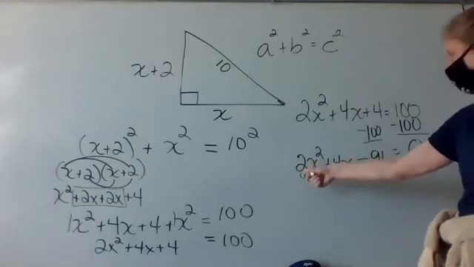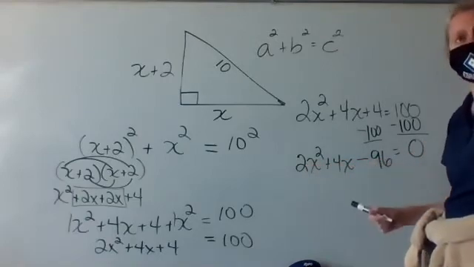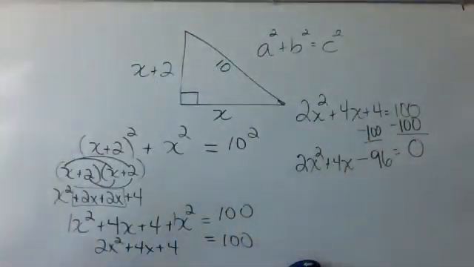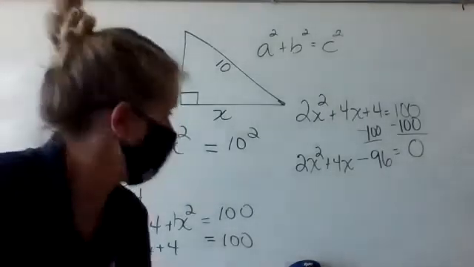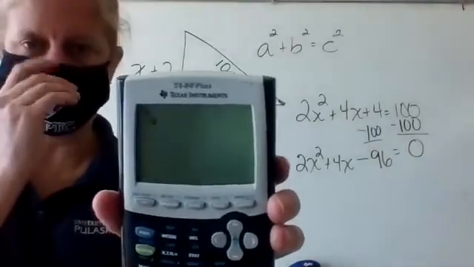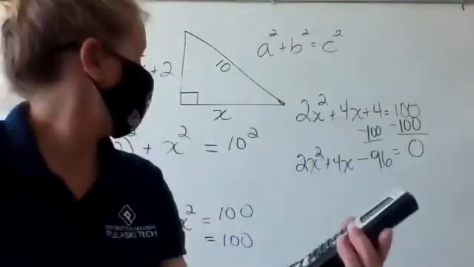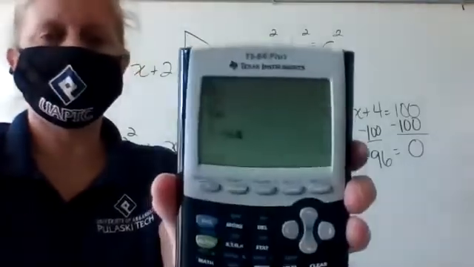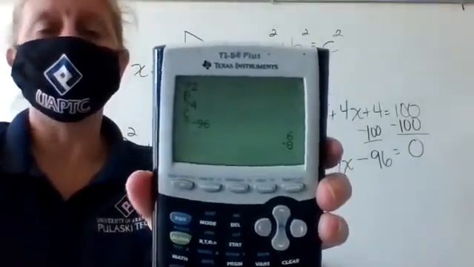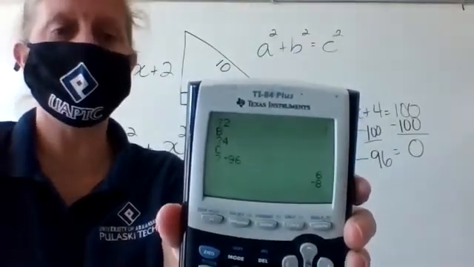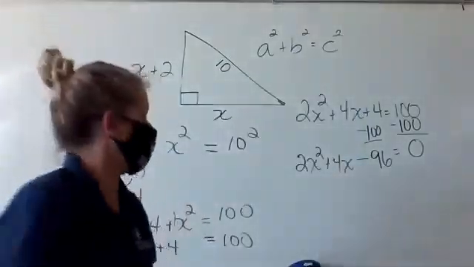So now I'm ready, A, B, and C, to go in my quad program. So let's see, program quad. My A will be 2. My B is 4, and my C is negative 96. Hit enter. So the solutions to this equation are 6 and negative 8.